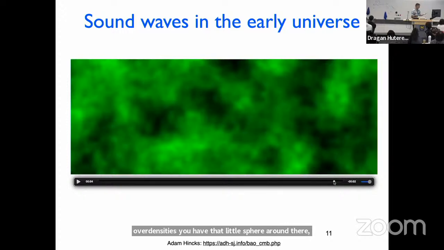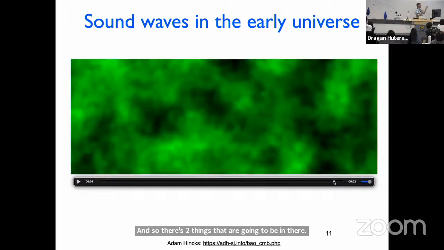So what you can think about is you take this initial density fluctuation, and then you convolve it with these little spheres around it. And then you have the last scattering. Say we're just going to take a snapshot of that at every spot at redshift 1100. And this is what we're going to see. And so there's two things that are going to be in there. One is whatever that initial density fluctuation spectrum is.